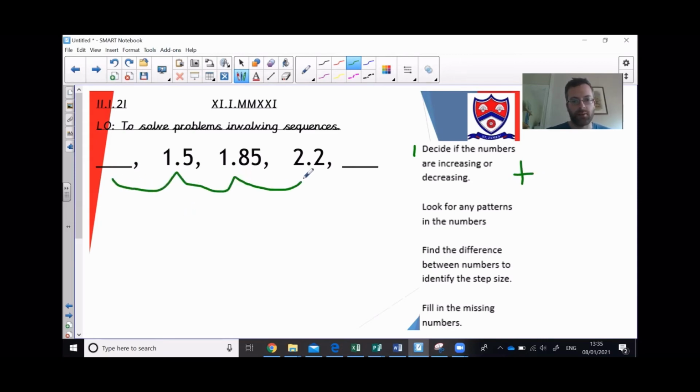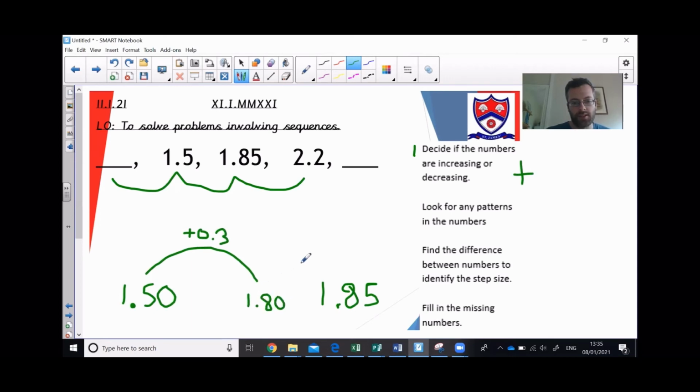So to do that, I'm going to go from this one to this one. So I need to go from 1.5 and see how much I've added to get to 1.85. Now what I'm going to do, just because I've got a 2 decimal place here, I'm going to make this a 2 decimal place also. And hopefully what you can realise is if I add 0.3, that gets me to 1.80.